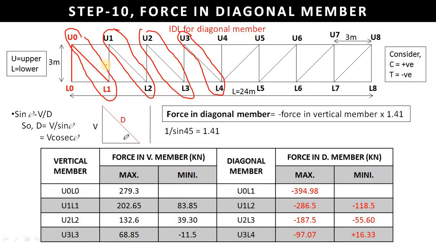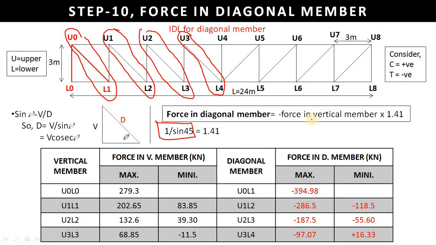These are the diagonal members. The force in the diagonal member will be the negative force in the vertical member into 1 upon sine 45, because the diagonal member will be at an angle of 45 degrees.